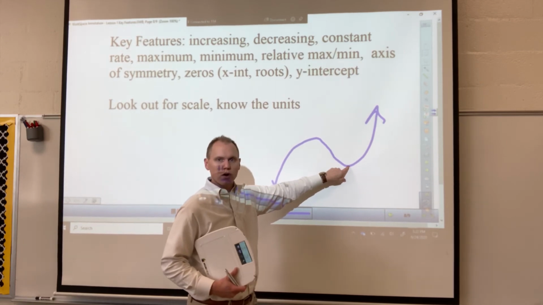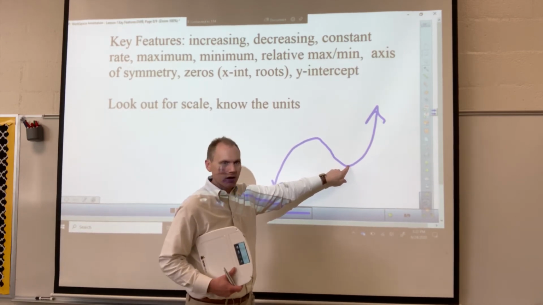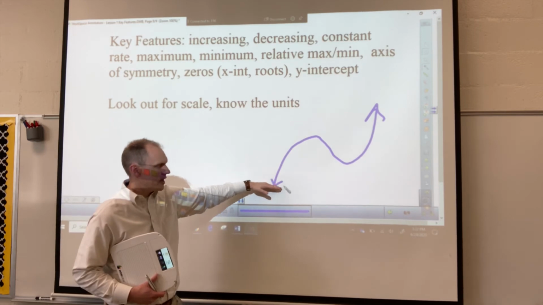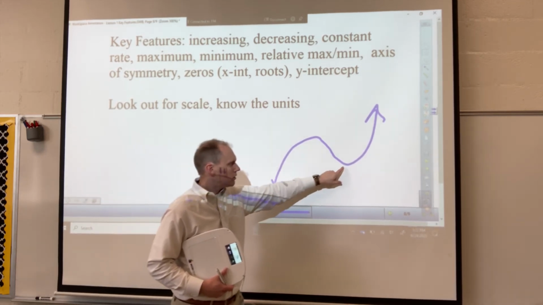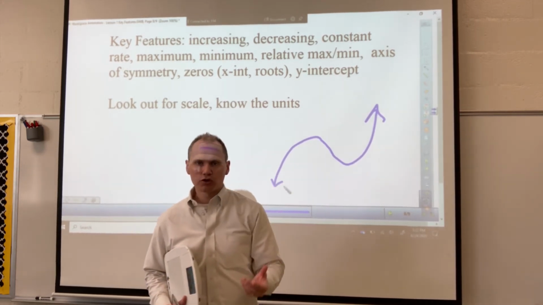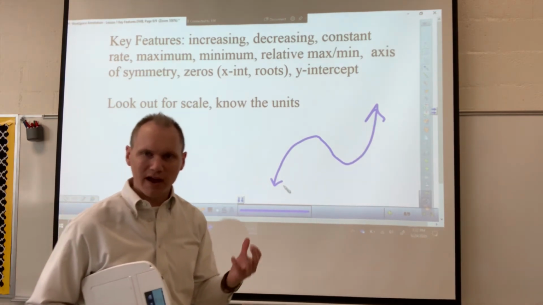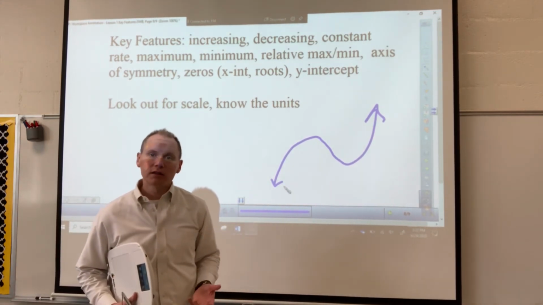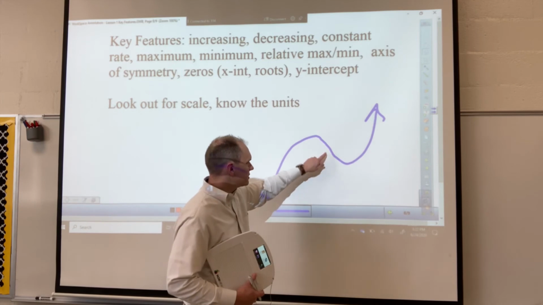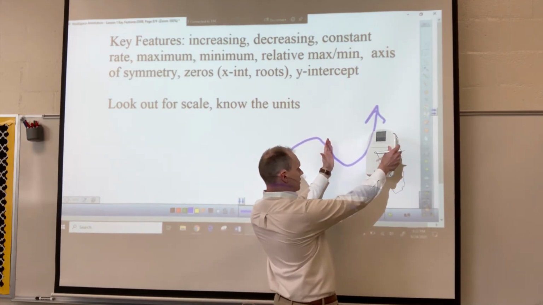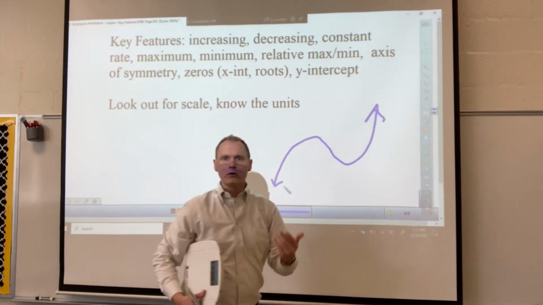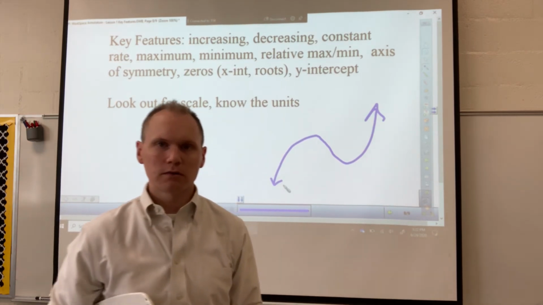This point right here is not the overall, what we call absolute minimum, because the function goes below that over here. But this one, maybe like a trough or a valley, is a relative minimum, because it's the minimum in this particular zone, but it's not the overall minimum of the entire function.